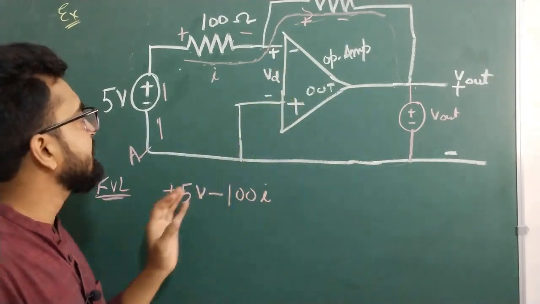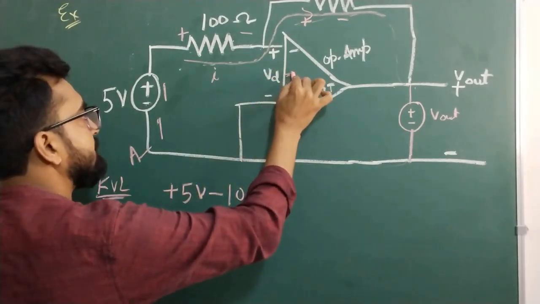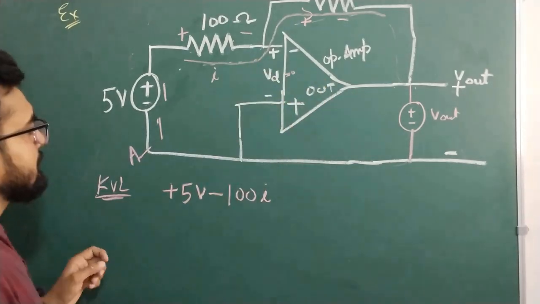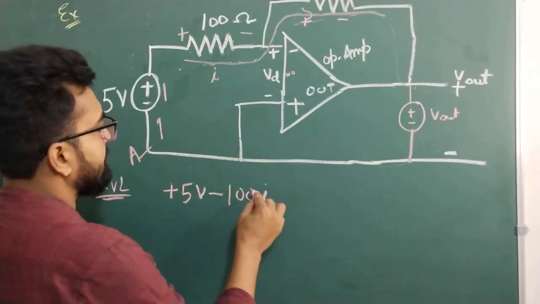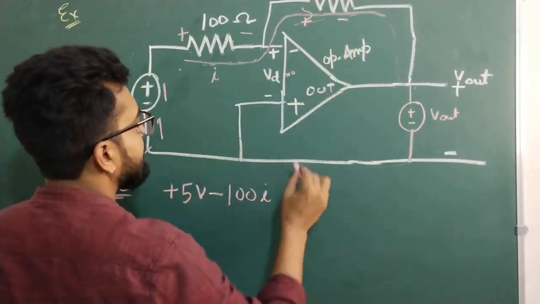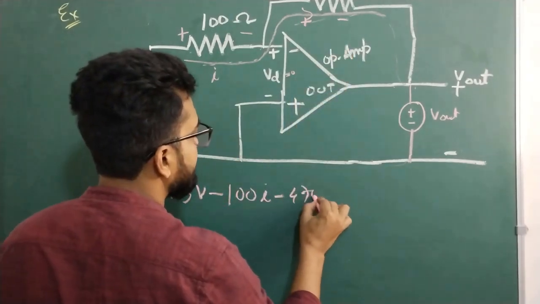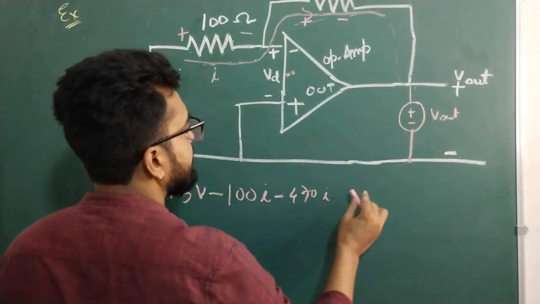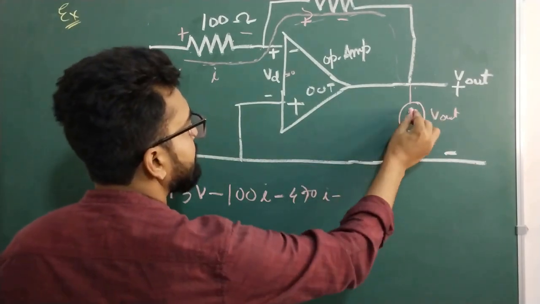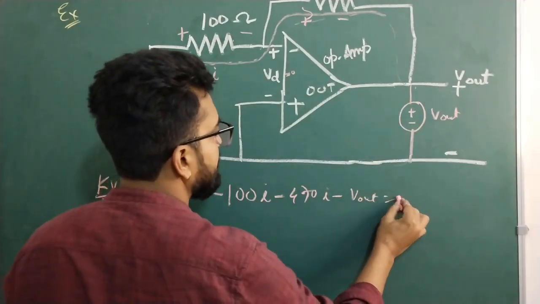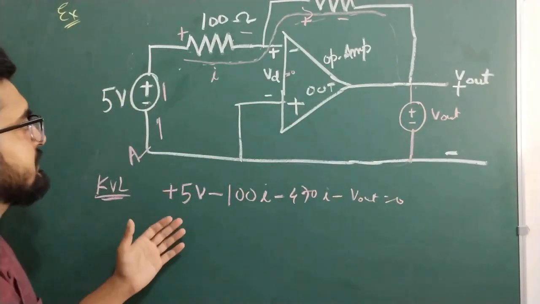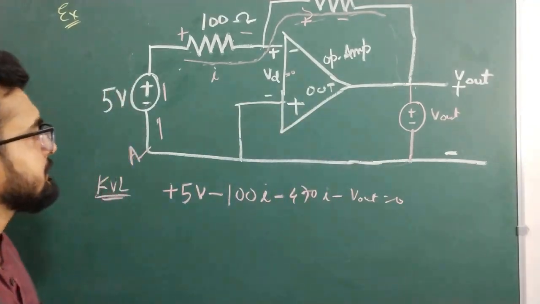The differential voltage VD is 0, which is the virtual ground concept in the op-amp. So minus 100I, minus 470 times I, and plus to minus again is minus, so minus Vout equals 0. This is one equation we get from this KVL.